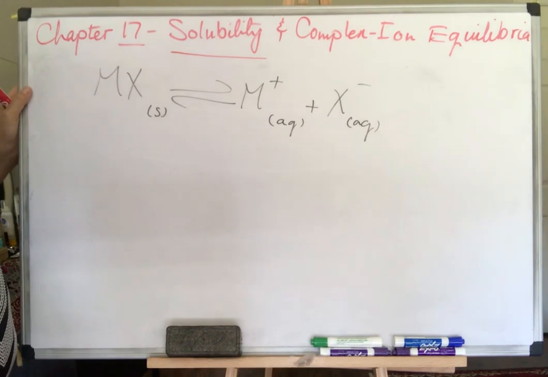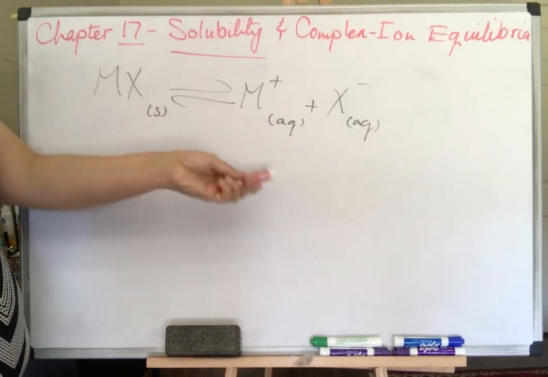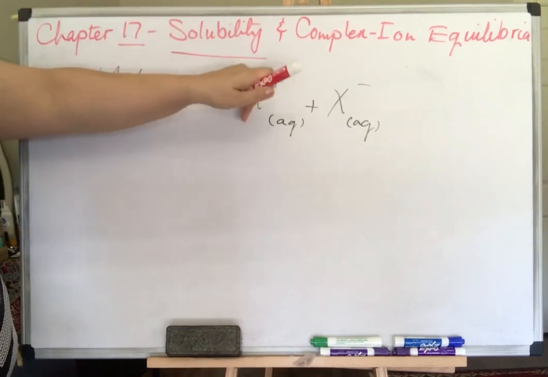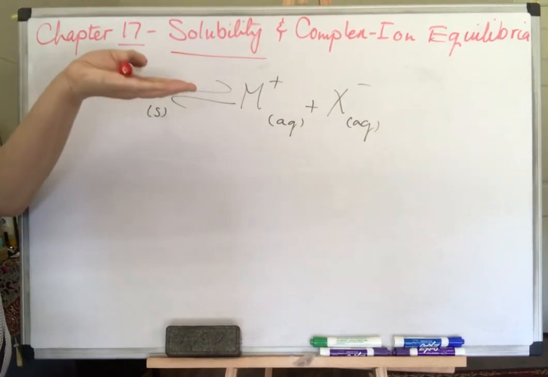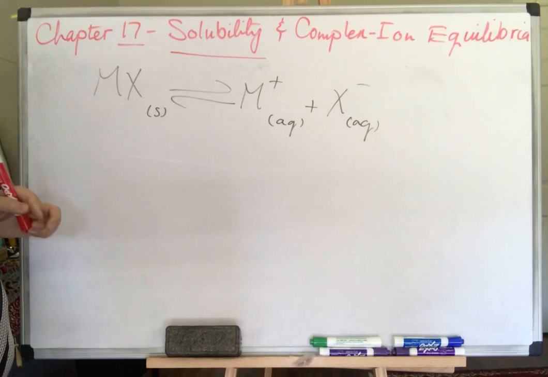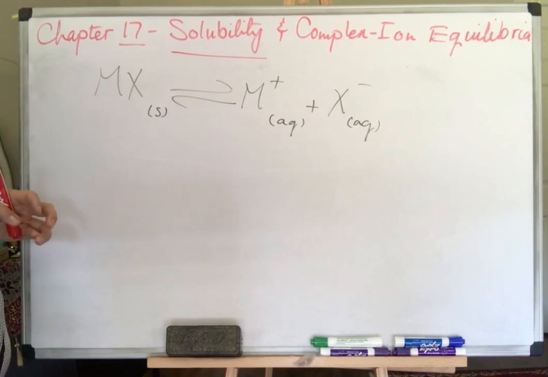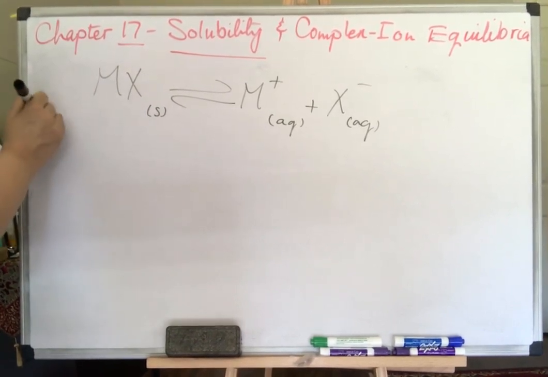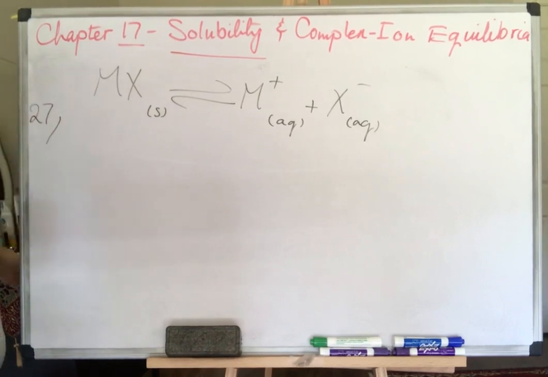If we have extra M or X, we want to find out what would be the effect on the solubility, which you can predict. We have to use Le Chatelier's principle to find the effect of the change. The question on slide number 27 is going to explain it to us.